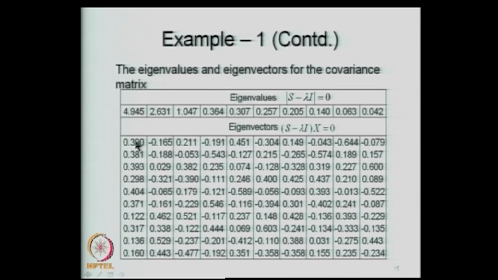To do that, we look at the associated eigenvalues. Let us say this is lambda 1, lambda 2 and so on. So, I will get the percentage variance explained by this eigenvector by using the corresponding eigenvalue.